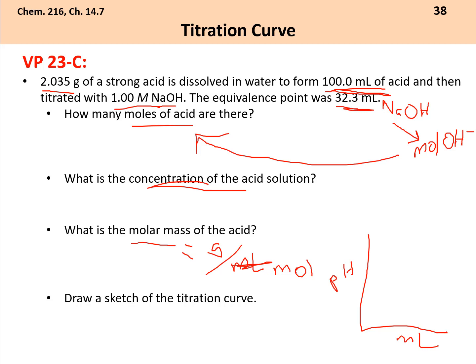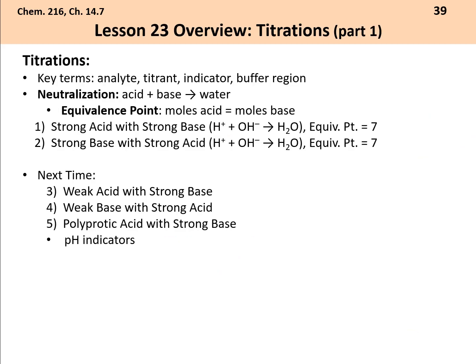All right, so that's it for lesson 23. Lesson 23, the last part is about titrations. We've looked at two different types. We've talked about strong acids with strong bases and strong bases with strong acids. These both have very similar reactions, and for both these the equivalence point is 7.